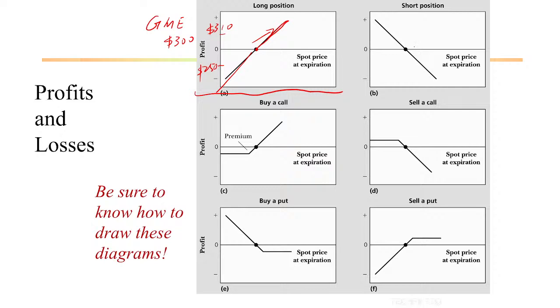And the short position is the opposite. If the price goes down, you win. If it goes up, you lose. So the x-axis here is the price. Now that's the underlying asset.